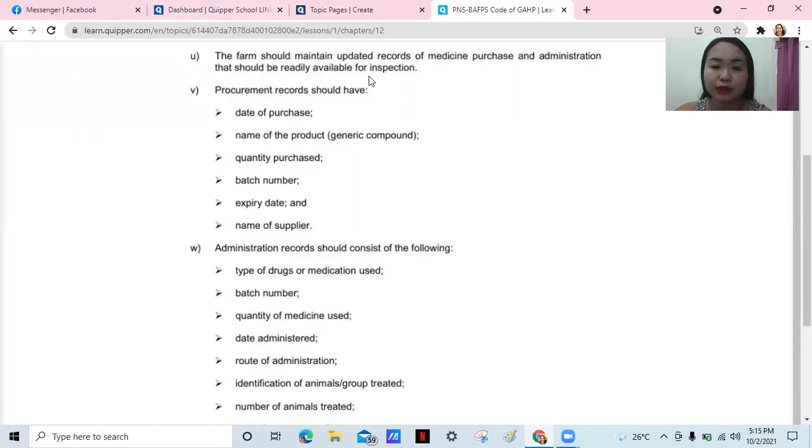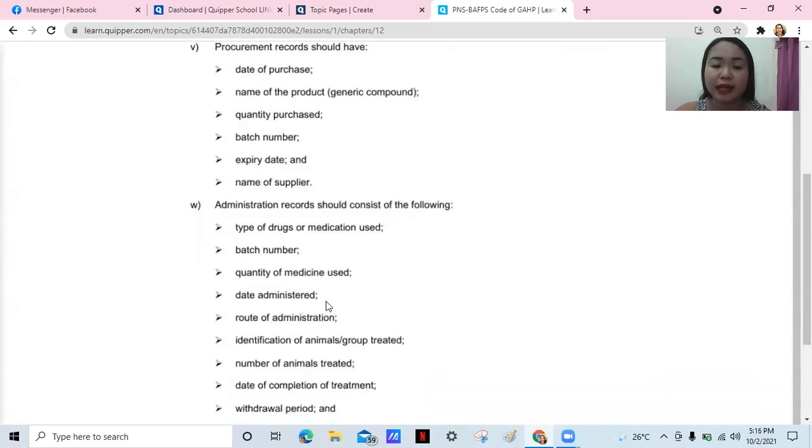And also the farm should maintain updated records of the different medicines purchased and administration that should be readily available for inspection anytime na may inspection. So even the procurement records, dapat merong date ng purchase, name of the product, quantity na bili, the batch number, expiry date, and yung supplier.